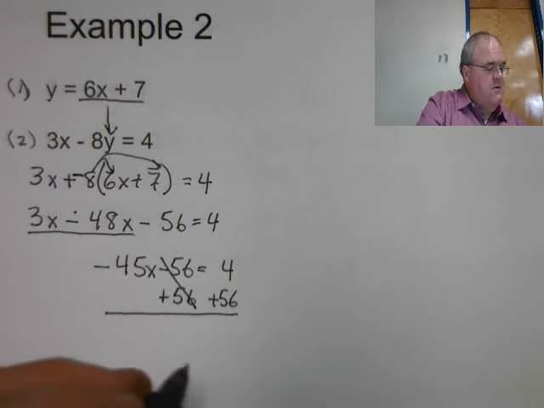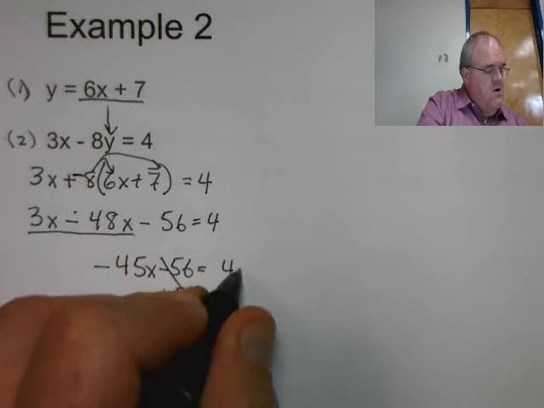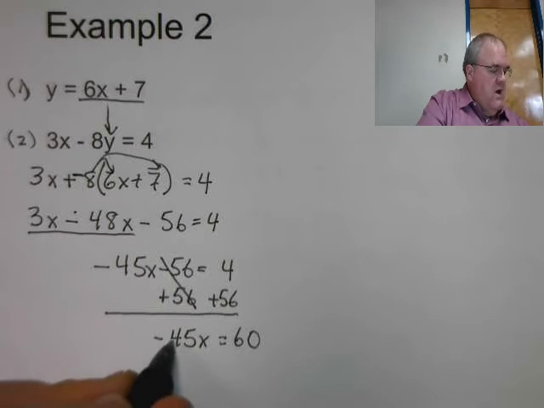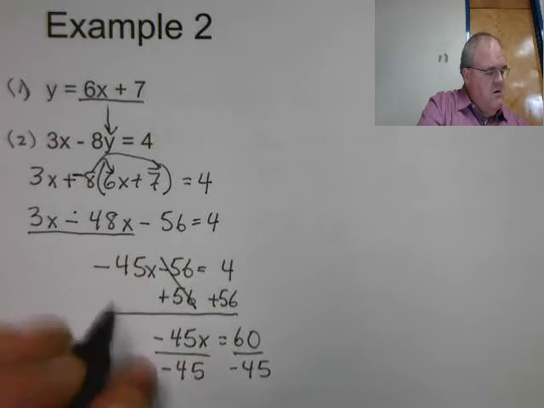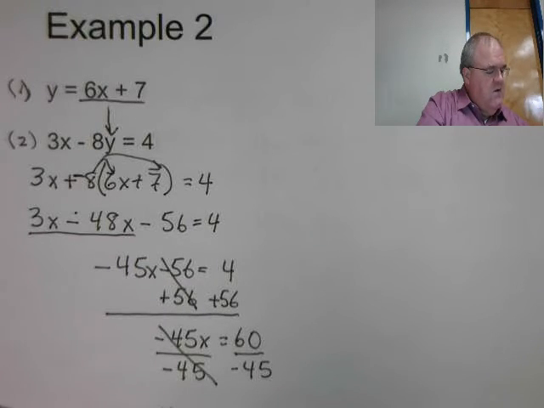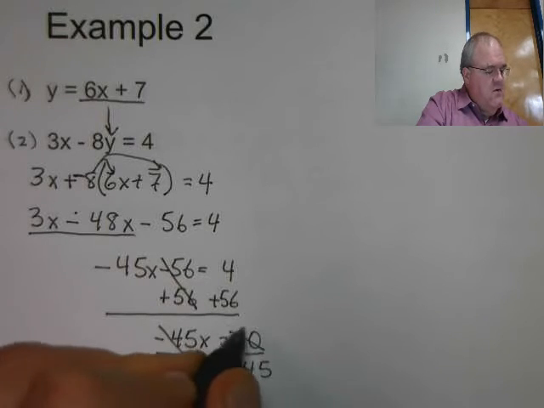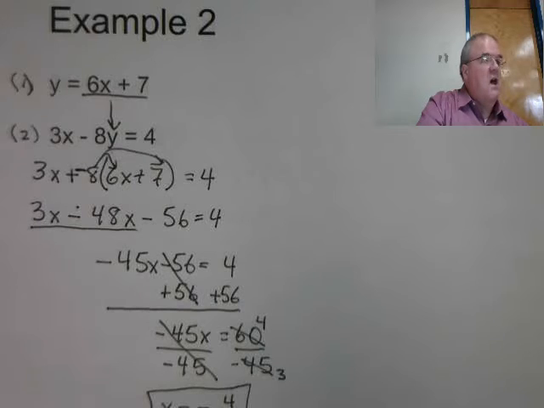So negative 56 plus 56 is 0, so I get negative 45x equals 4 plus 56, which is 60. So now I have negative 45 times x, so to move the negative 45, I need to divide. My negative 45's cancel to 1. So I get x equals, and I know I'm going to have a negative number, and 15 goes into 60 4 times, into 45 3 times, so I'm going to have negative 4 over 3. So that is x.